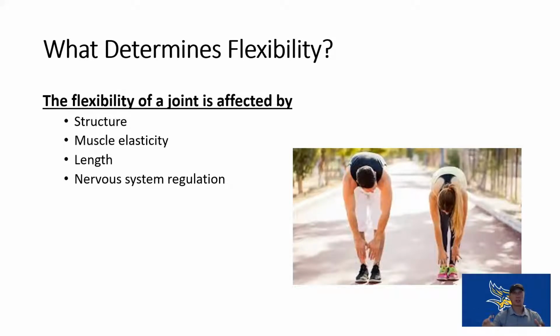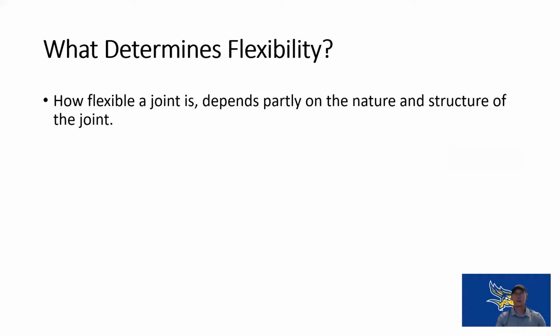So how long it actually is, how far we can actually move, and then how our nervous system is regulating our muscle tone, or how much our muscle is turned on at any point in time. If our muscles are on and slightly contracted because our nervous system is telling it to, we won't be able to achieve that range of motion because our body's going to fight our motion.